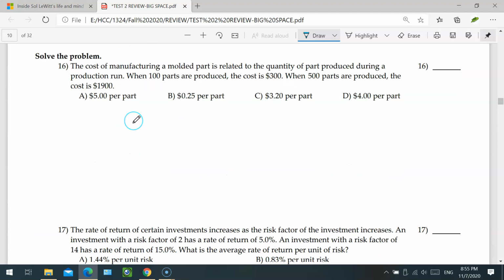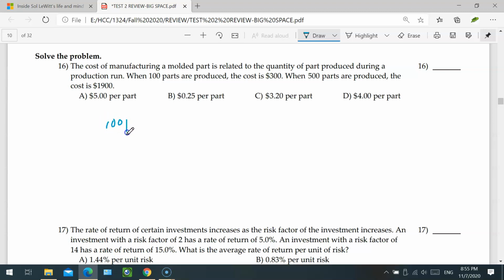Number 16. The cost of manufacturing model parts is related to the quantity of parts produced during a production run. When 100 parts are produced, the cost is 300.